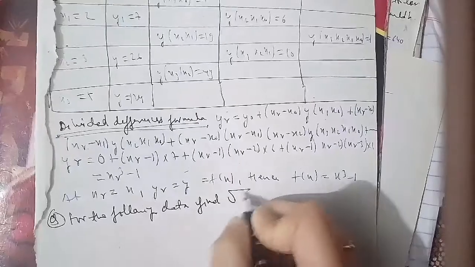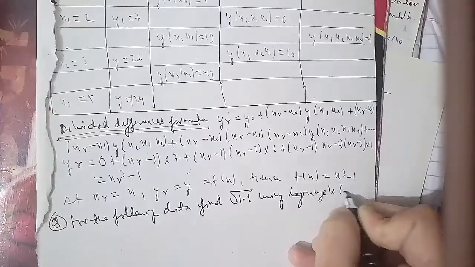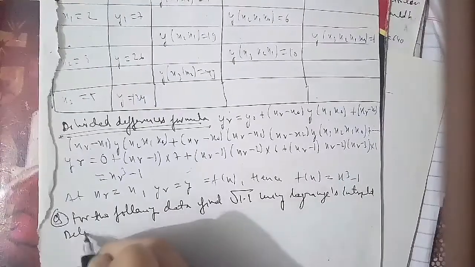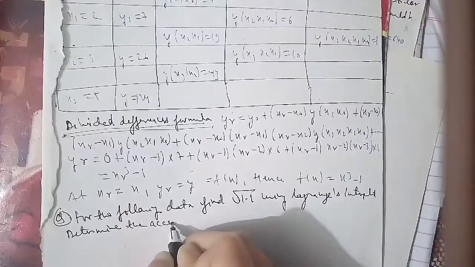x, square root of x: 1, 1; 1.2, 1.095; 1.3, 1.140; and 1.4, 1.183 that we have. So we go ahead for the solution here.